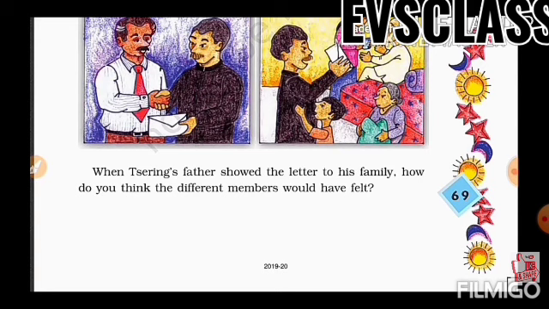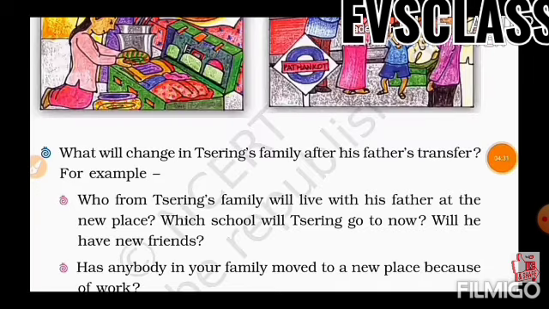Okay, students. So they are happy to receive such a letter because they need to move to a new city, a new place. Okay, so students, if anyone in the family received a promotion letter, that means their salary increases. They got a good position in the office and they will be transferred, that means moving from one place to another place.